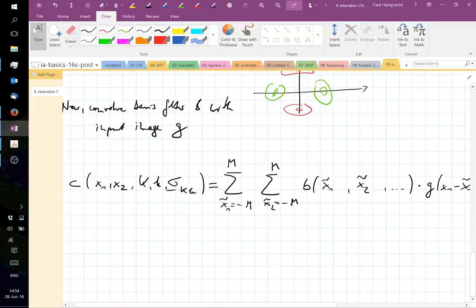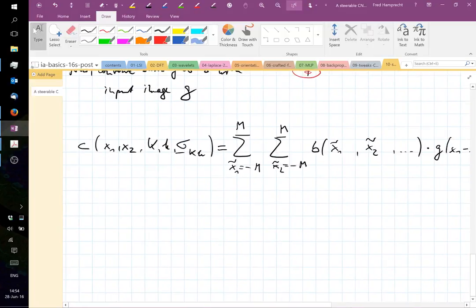Good. So these things C are now as big as my original input image, give or take a few pixels at the border, depending on what border treatment you use. And now I want to actually create my funny filters by combining the basis filters in a linear fashion.